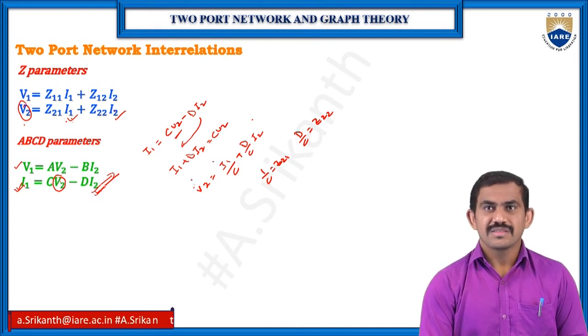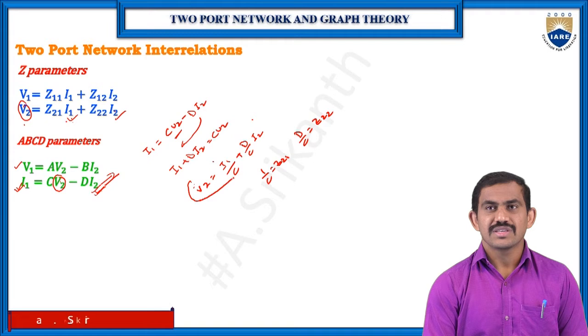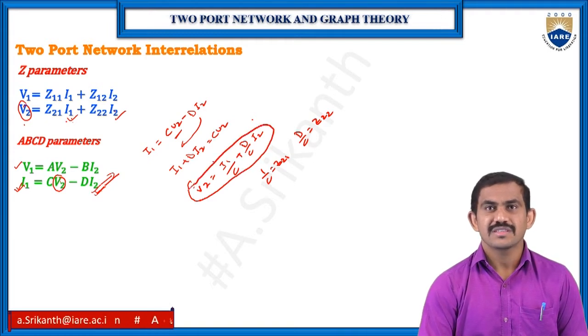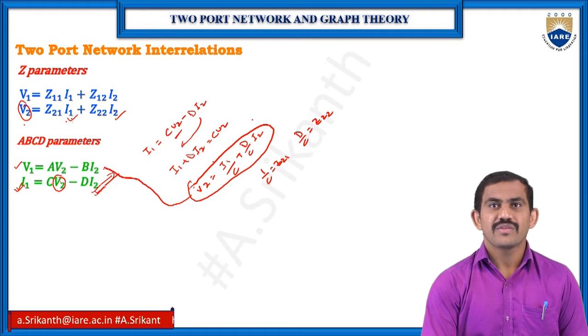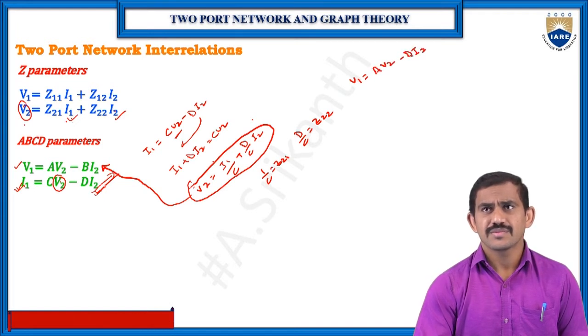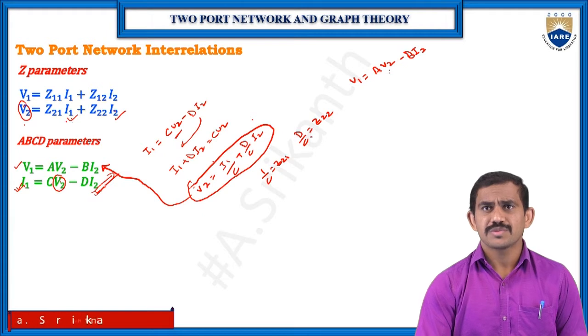Okay. Now your V2 equation, substitute in your V1 equation. So your V1 equal to A V2 minus B I2. Now your V2 value, substitute this value.